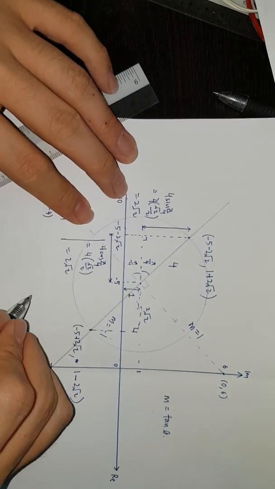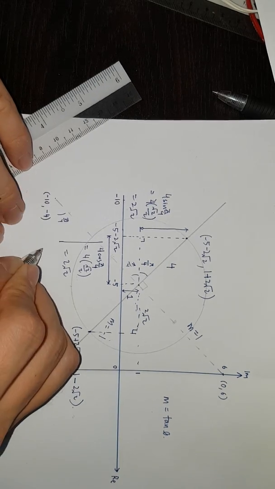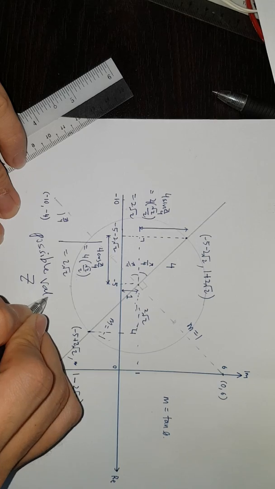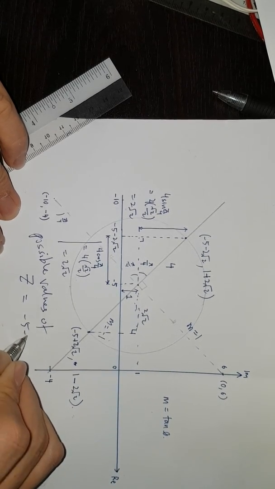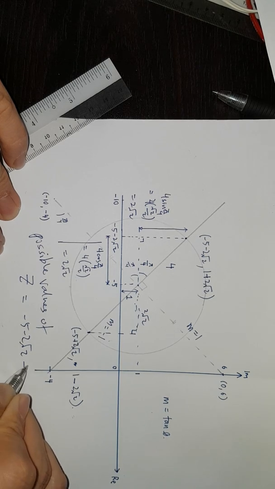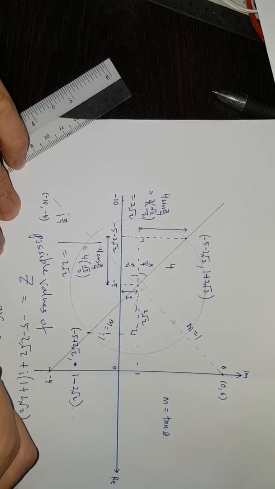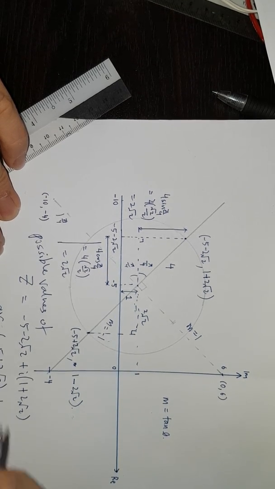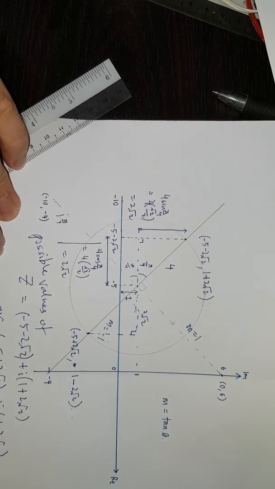So in this case, your two possible values of z would be -5 - 2 root 2 plus i(1 + 2 root 2), or -5 + 2 root 2 plus i(1 - 2 root 2).